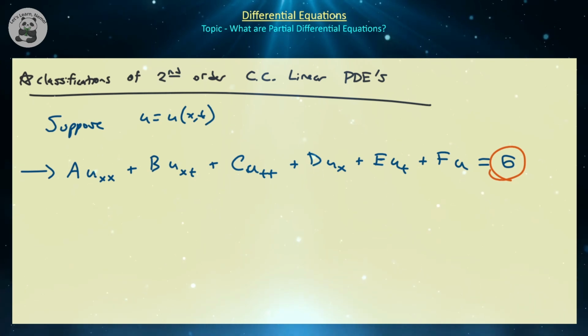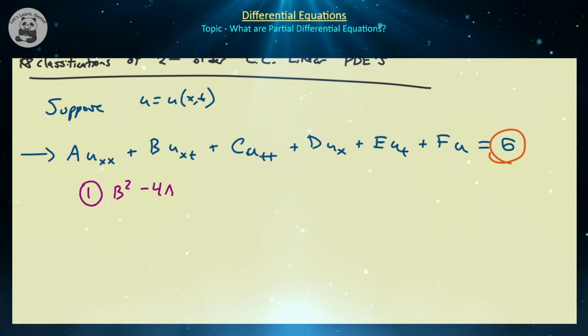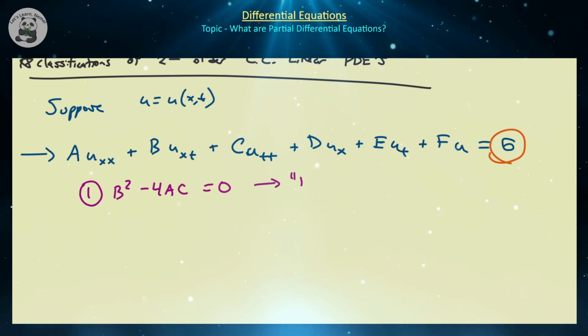There are three main categories that are usually studied in detail in the realm of second order PDEs. The first is where b squared minus 4ac is equal to 0. If b squared minus 4ac is equal to 0, then we call this PDE a parabolic PDE.